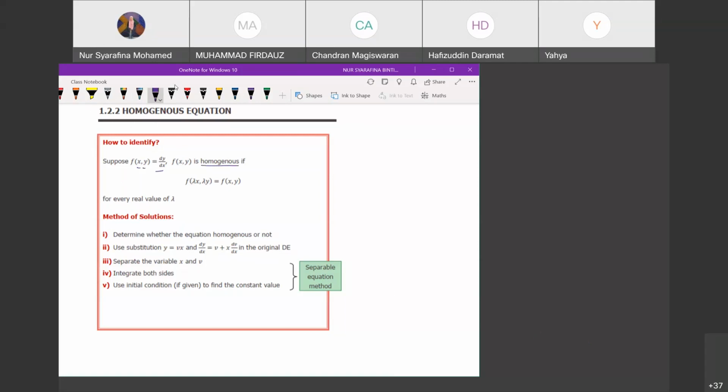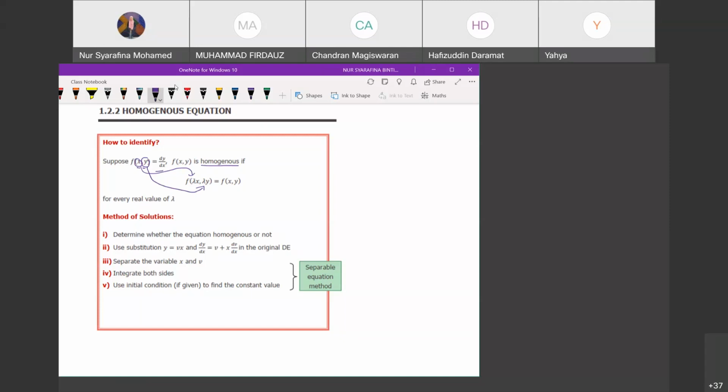If we substitute x here with lambda x and y here with lambda y, and you do some simplification process, and if you get f x y back, then we call the function as homogeneous.